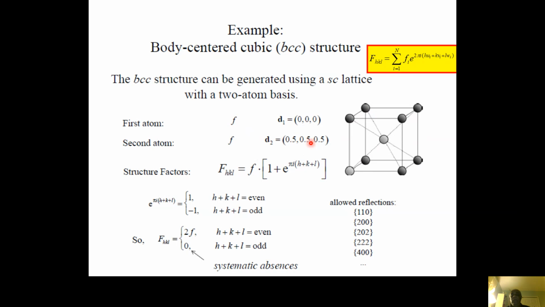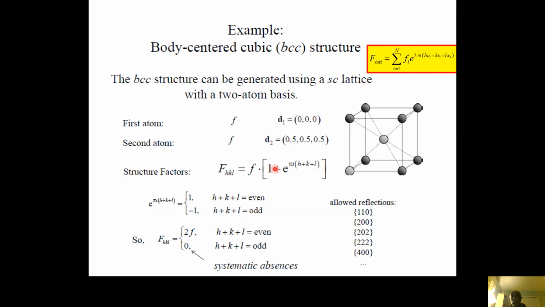One comes from all zeros, which gives 1. For the other, ui, vi, wi are all 0.5, so in 2 pi i times this half, the 2 and 2 cancel, and you get e to the pi i times h plus k plus l.